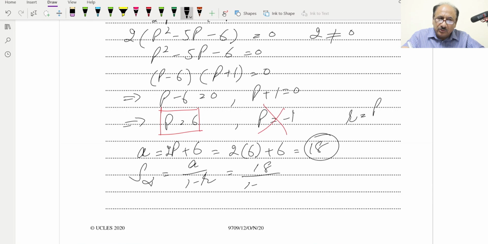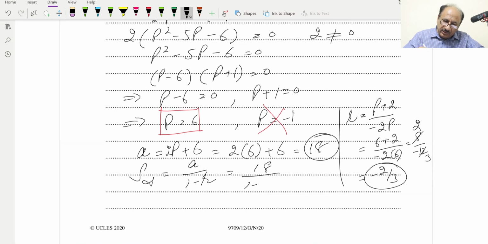R value is equal to p plus 2 over minus 2p, and we can replace here p as 6, so 6 plus 2 over minus 2 into 6, so this will be equal to 8 over minus 12. Further we can simplify, this will be 4 2s are 8 and 4 3s are 12, so this will be minus 2 over 3.